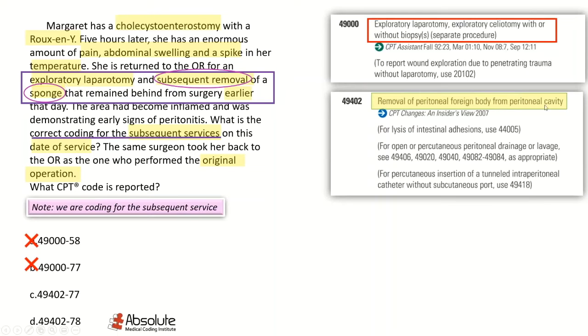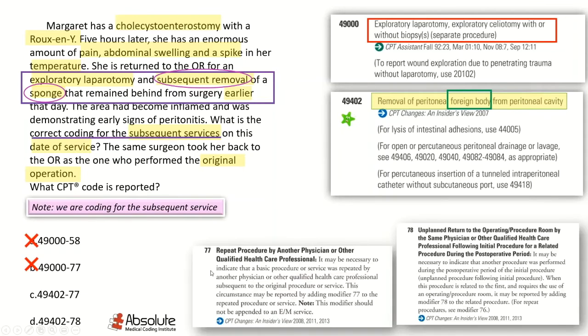This is more specific too. And we didn't have this here either, so that would make it wrong as well. So although we're exploring, this is more specific. We're removing this peritoneal foreign body or this sponge. So 49402, that's good stuff. We've got it down to C and D, but that modifier, another reason 77 is wrong, is because it's by another physician.